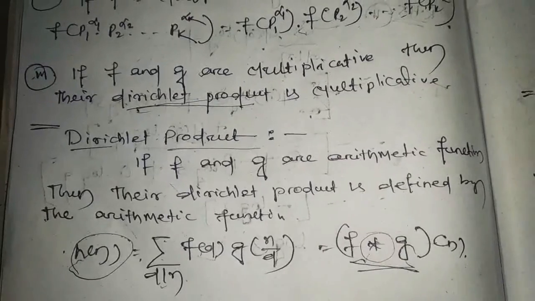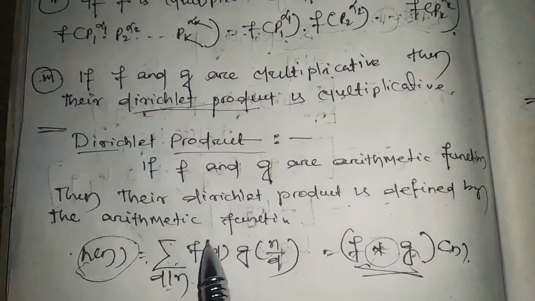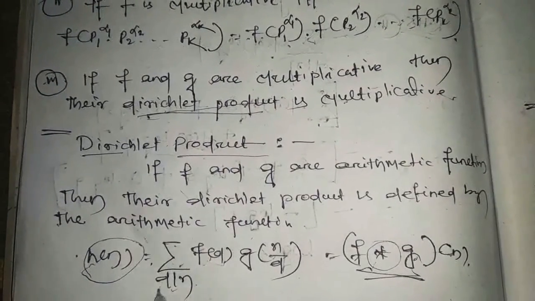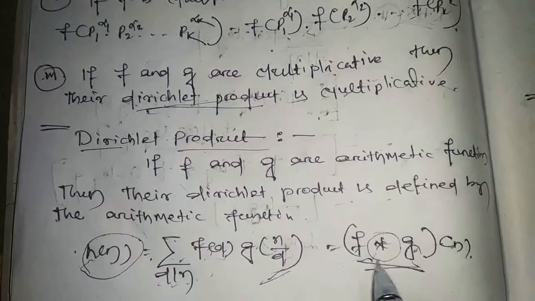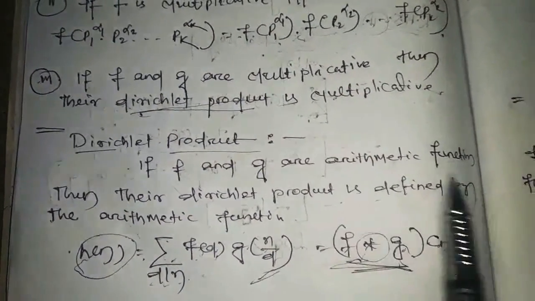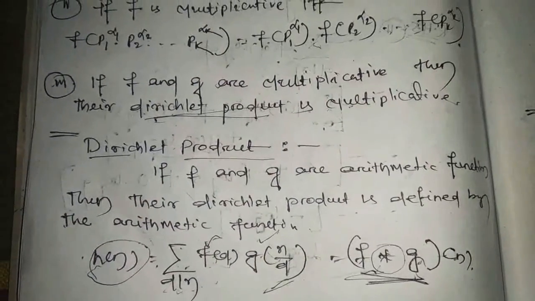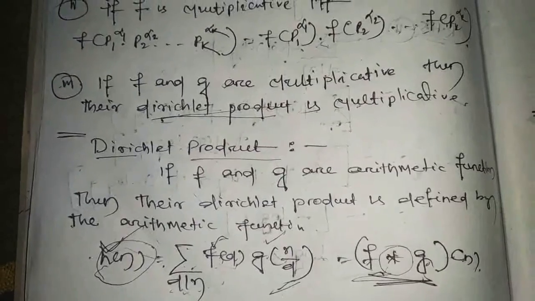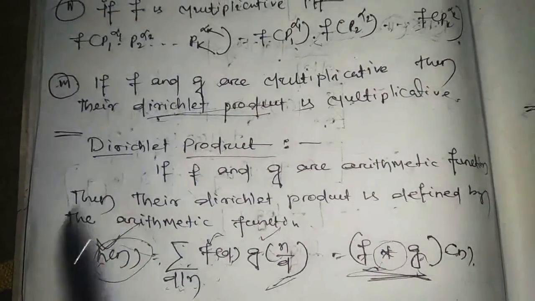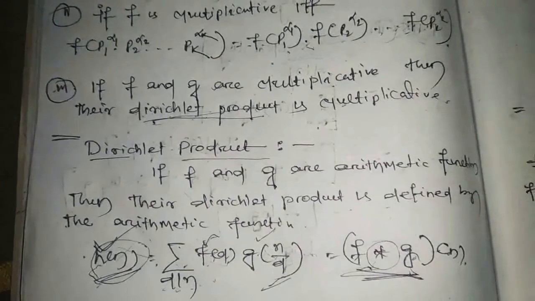F star g of n is equal to the summation over d divides n of f of d g of n by d. This product is called the Dirichlet product. And if f and g both are multiplicative functions, then h is also multiplicative.